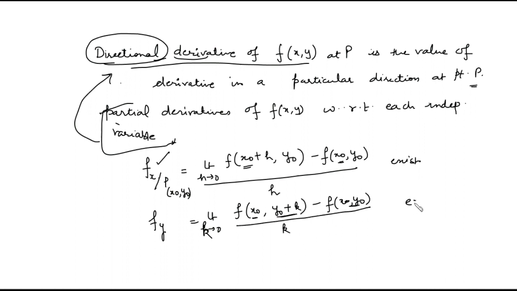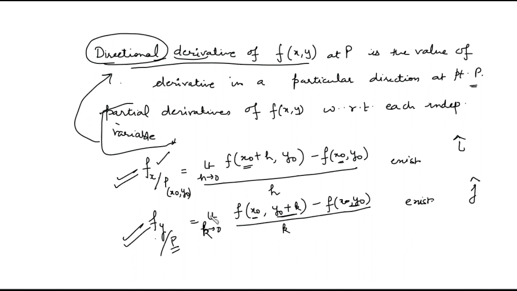If this limit exists, you will say the partial derivative of the function exists with respect to the y variable at any point P. So here we are finding the derivative of the function in a particular direction i cap. Here we are finding the derivative of the function with respect to y, means we are finding the value of derivative of the function at any point P in a direction of j cap.